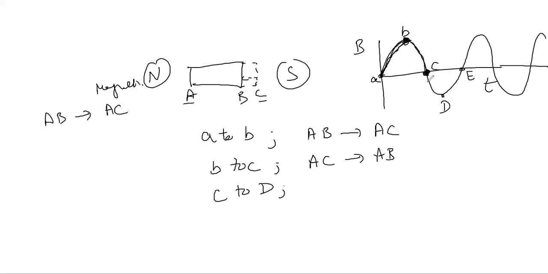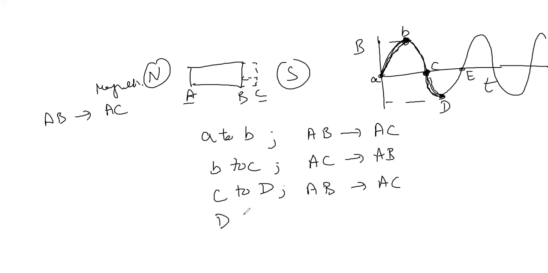Nonetheless, if you go from C to D here, you have changed the direction of the magnetic field, but जो आपका maximum है, that is same as was here. Remember we said आपका जितना expansion या compression होगा, that is independent of the direction of the magnetic field. Hence, when you change the magnetic field from C to D, even though you have reversed the direction of magnetic field, your rod will again go to the same change in the dimensions.